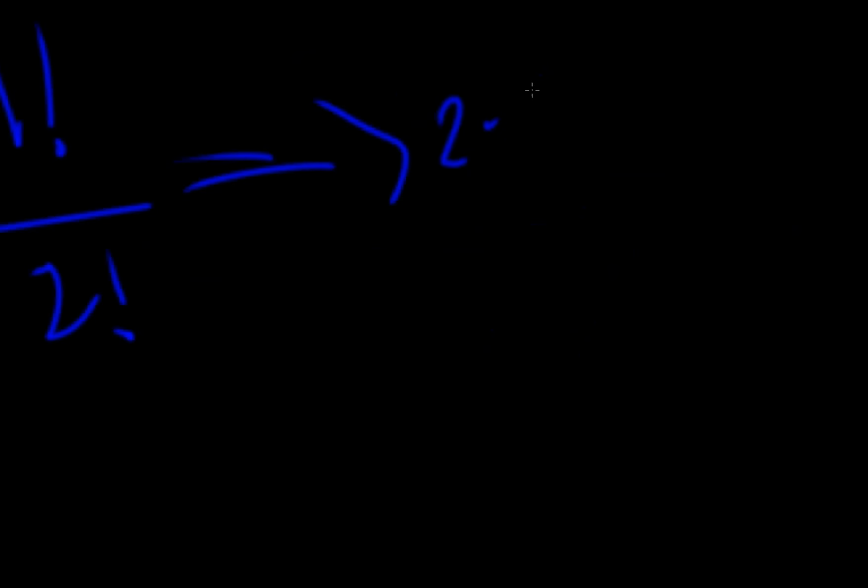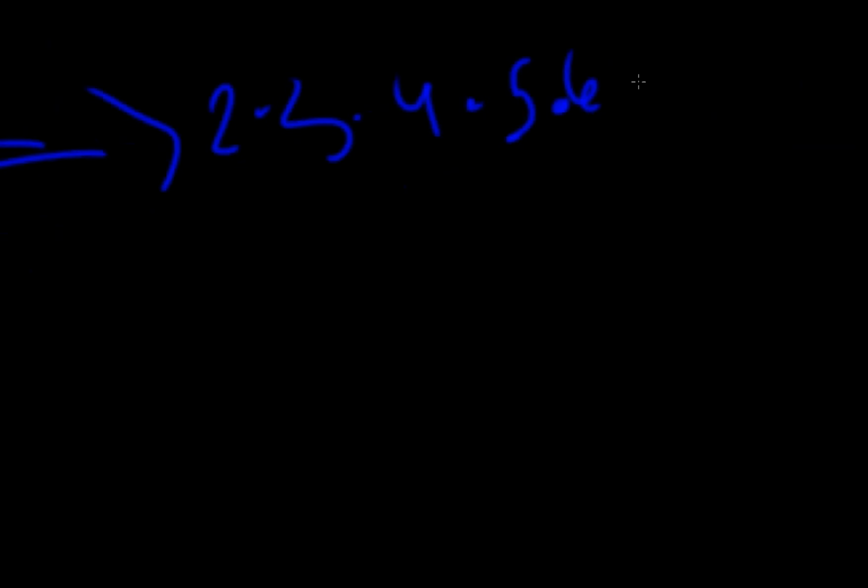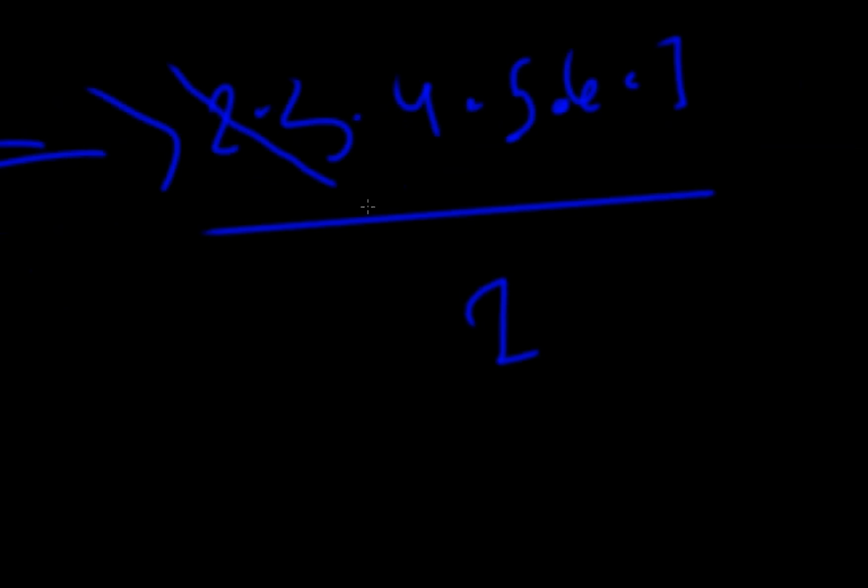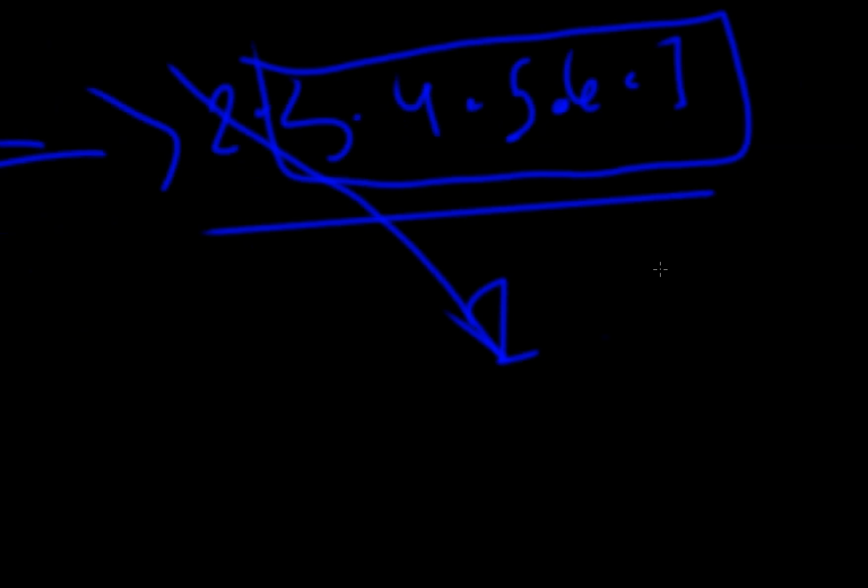2 times 3 times 4 times 5 times 6 times 7 divided by 2 factorial, which is 2. Here, the 2's cancel out, and our answer is 3 times 4 times 5 times 6 times 7. I'll rewrite that a little better this time.